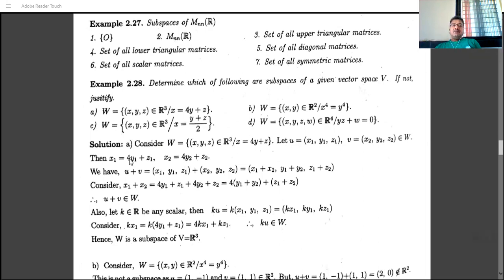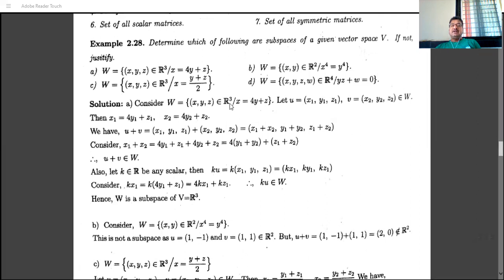Then since (x1, y1, z1) is an element of W, x1 is equal to 4y1 plus z1, and x2 is equal to 4y2 plus z2. And then u plus v is (x1 plus x2, y1 plus y2, z1 plus z2), usual addition. Now this element belongs to W if x1 plus x2 is equal to 4 times (y1 plus y2) plus (z1 plus z2).